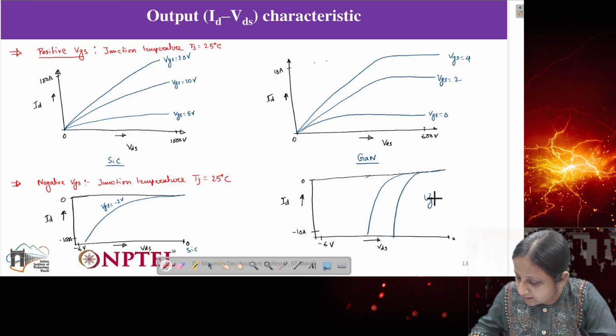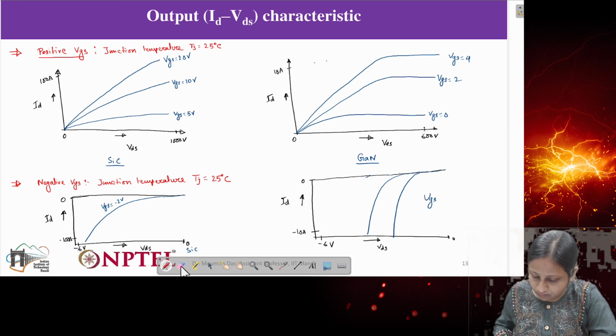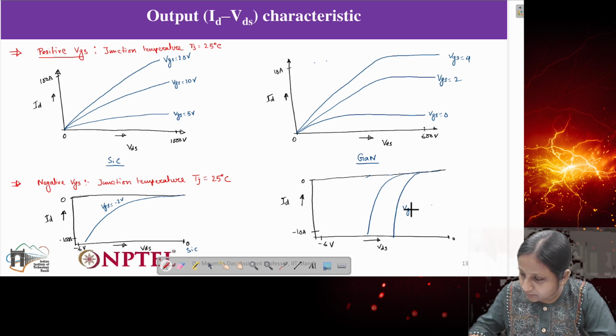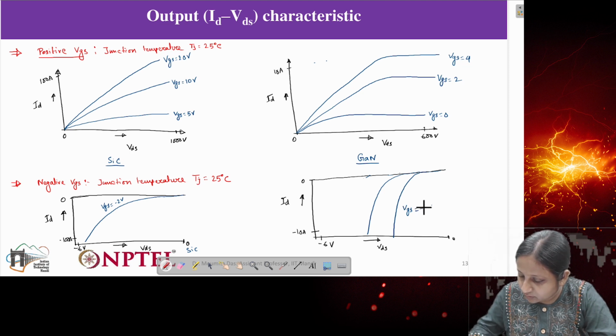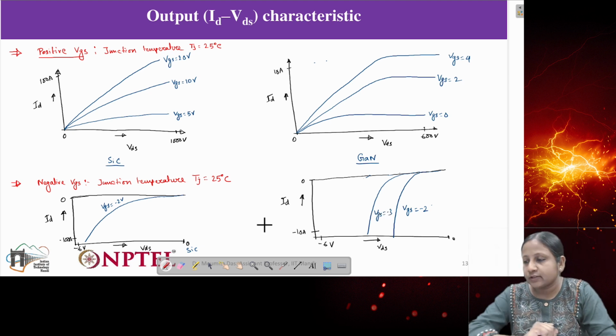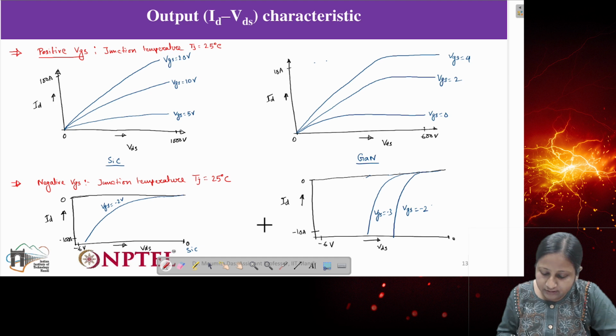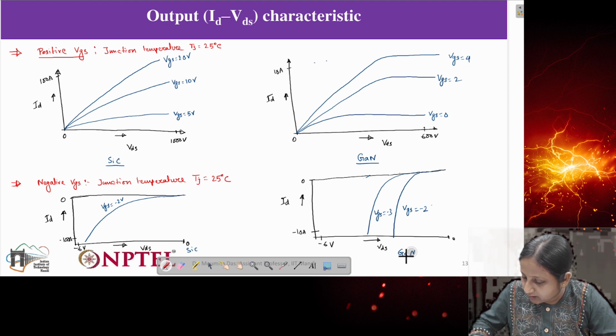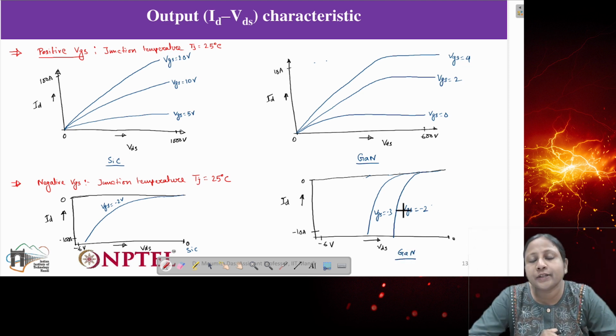VGS will be, let's say, equal to minus 2 here, and VGS equal to minus 3 here. Like this it can go to the left side. In the case of silicon it goes from 0 to minus 2, and this is with respect to the GaN device. So this is how the characteristics will look for positive and negative gate voltage.